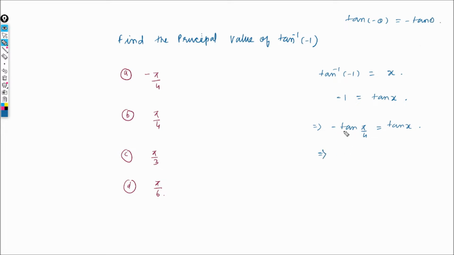So this implies tan of minus pi by 4 is equal to tan x. So this implies x is equal to minus pi by 4, which belongs to its principal value branch, the open interval -pi/2 to pi/2. So therefore our answer will be A.